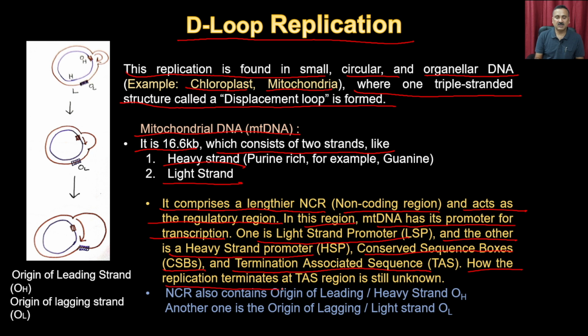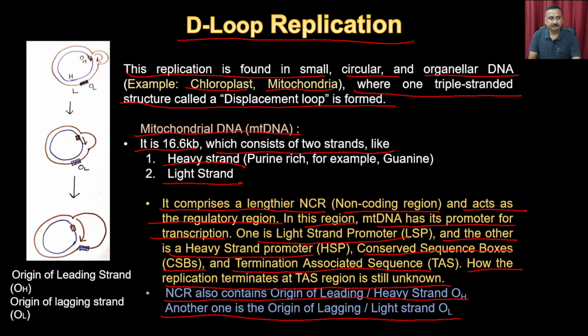How the replication terminates at the TAS is still not known. NCR also contains the origin of the leading or heavy strand. This heavy strand is called the leading strand, whereas the light strand is called the lagging strand. So the origin of the leading strand, OH, is on the heavy strand, whereas the origin of the lagging strand is present on the light strand.